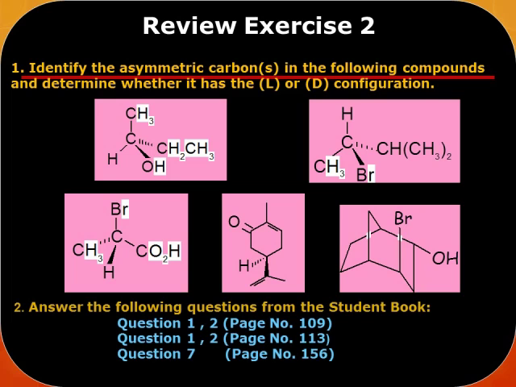Along with this, I have given some questions from the textbook. You have to answer them: questions 1 and 2 from page 109, questions 1 and 2 from page 113, and question 7 from page 156, from the exam zone.